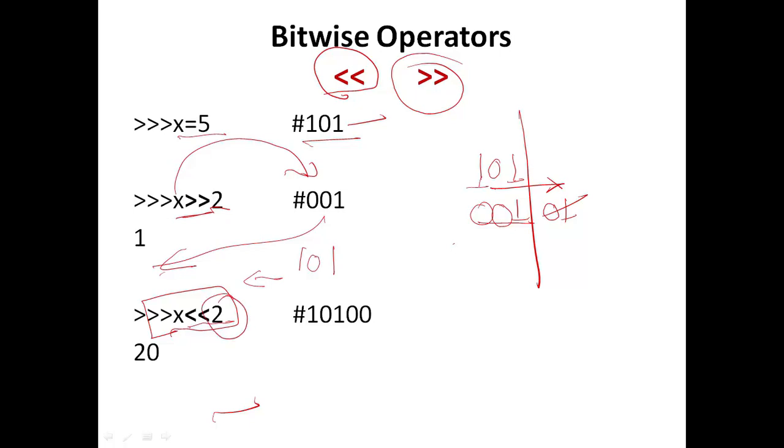So if we shift it 2 bits to the left-hand side, and suppose this is our boundary, we will add 2 bits to it at the end of this value. So this will become 10100, which is equivalent to 20 in decimal.